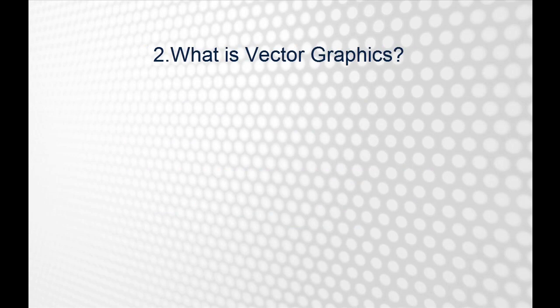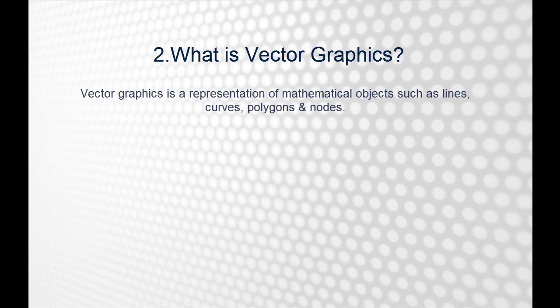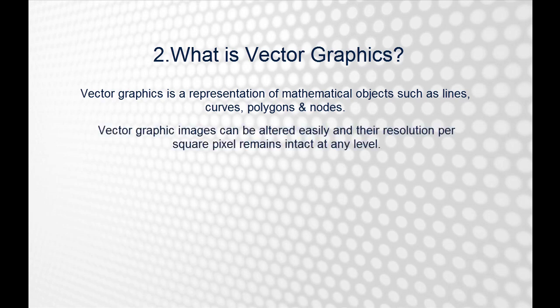What is vector graphic? Vector graphic is a representation of mathematical objects such as lines, curves, polygons and nodes. Vector graphic images can be altered easily and their resolution per square pixel remains intact at any level.